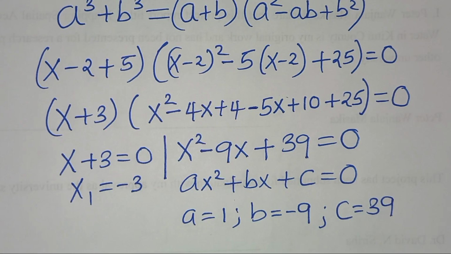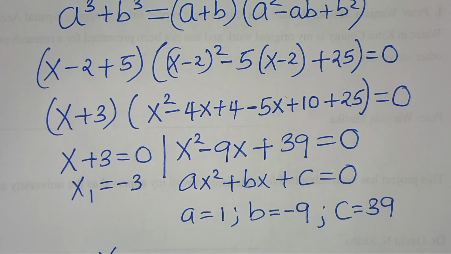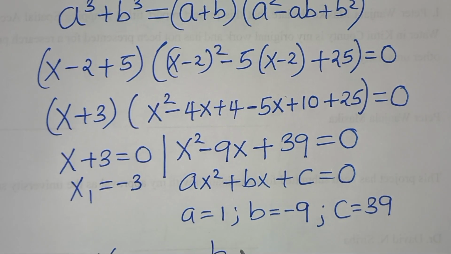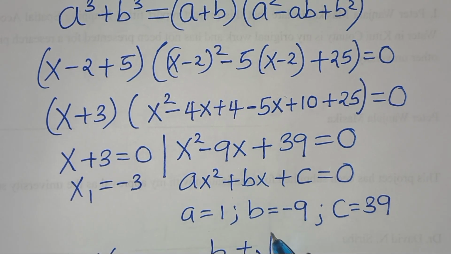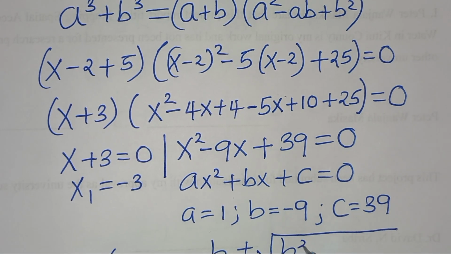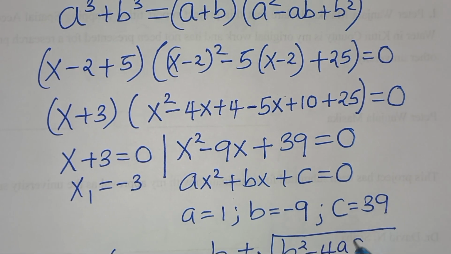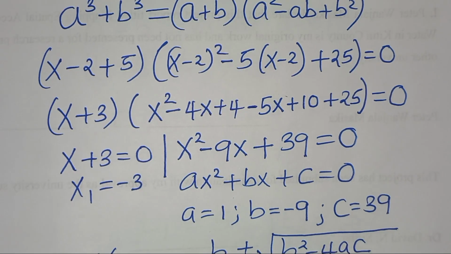Now, the next step here, to solve for x2, x3, we apply the quadratic formula, that is minus b plus or minus the square root of b squared minus 4 times a times c, divided by 2 times a.